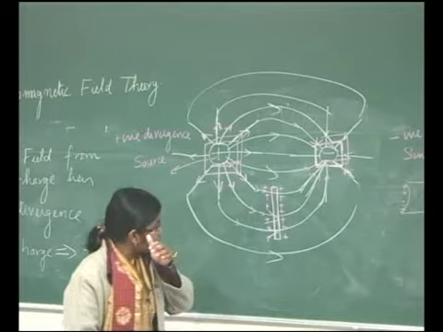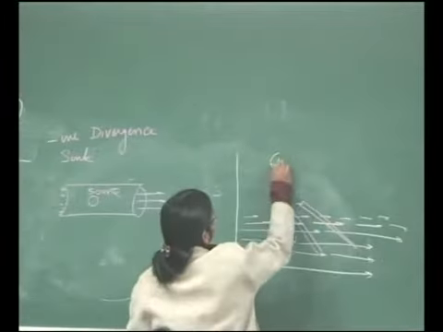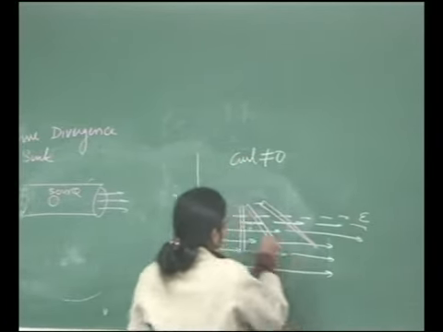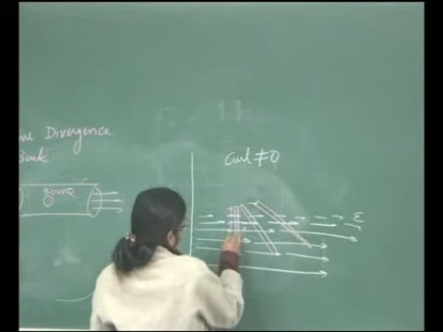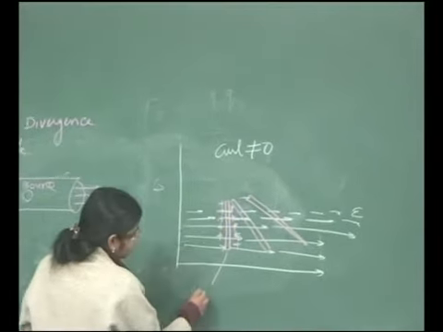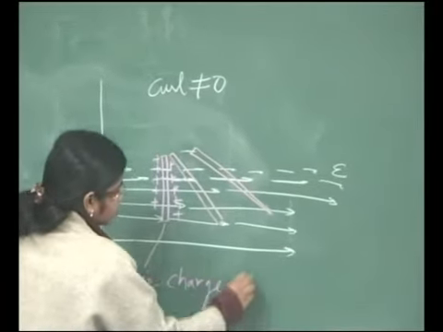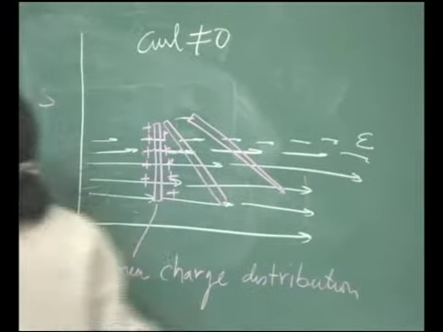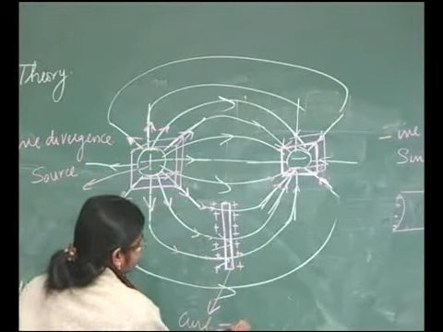So it means this electric field has curl not equal to 0. So here I have electric field, and this is a charge. This is a linear charge distribution. And here in this case curl is 0.